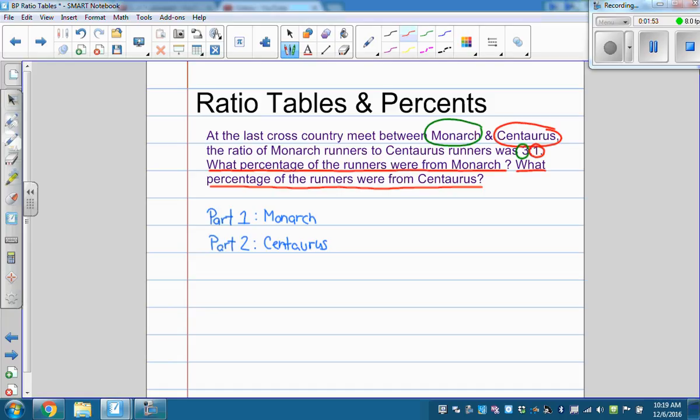And together, they make the whole. So this part to whole comparison is a little bit more advanced, and that would be all runners.